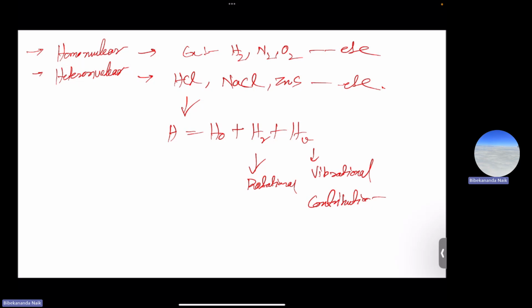However, heteronuclear molecules, since they have permanent dipole moment, show vibrational rotational spectra. And they show rotational spectra means they are microwave active, because we had also discussed the rotational spectra.